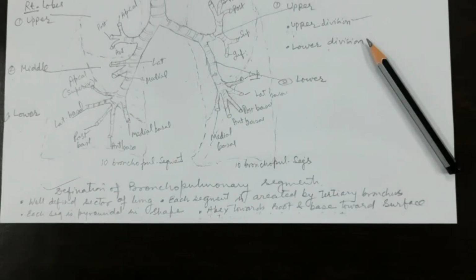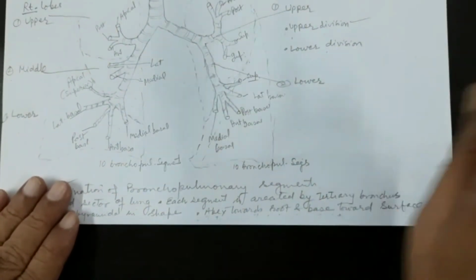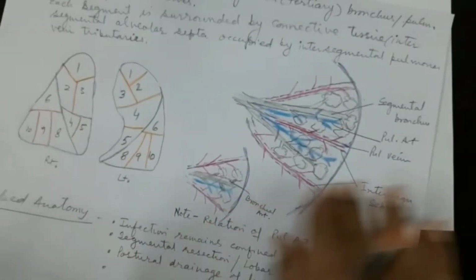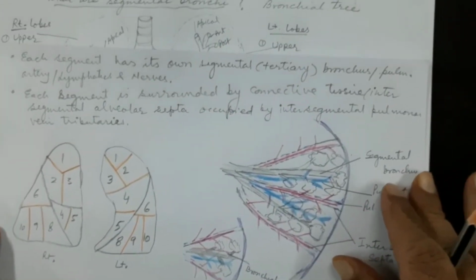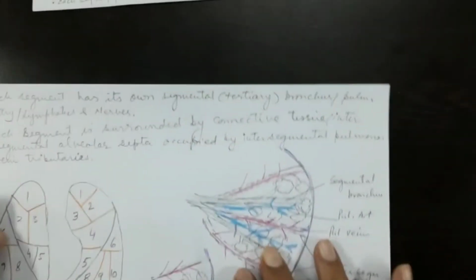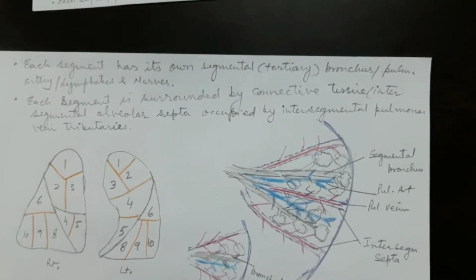bronchopulmonary segment, okay. Now if we see further in the definition, each segment has its own artery, okay. Each segment has its own segmental or tertiary artery, that is called the pulmonary artery.